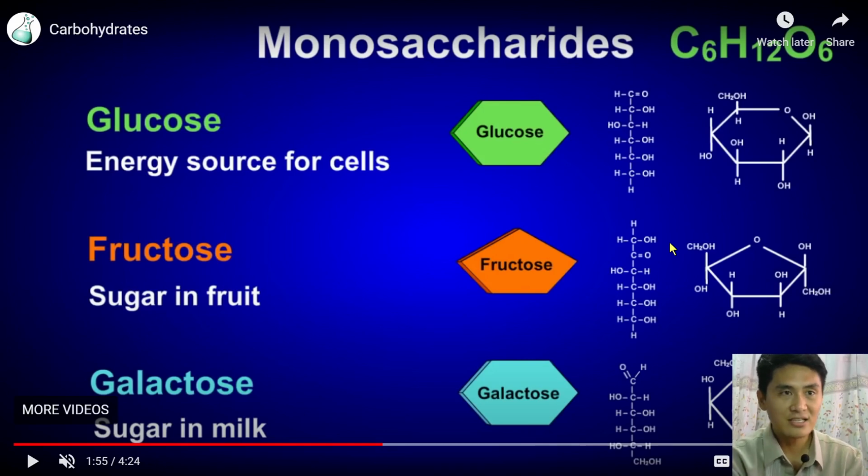But these are hexoses. So remember, it's 1 is to 2 is to 1. For a hexose, obviously it would be C6H12O6. If it's a pentose, it would be C5H10O5. Such is the formula for your deoxyribose and ribose, right? So that's the idea.